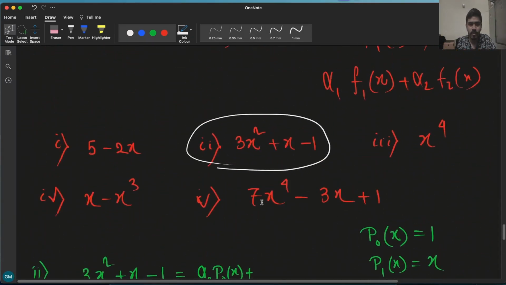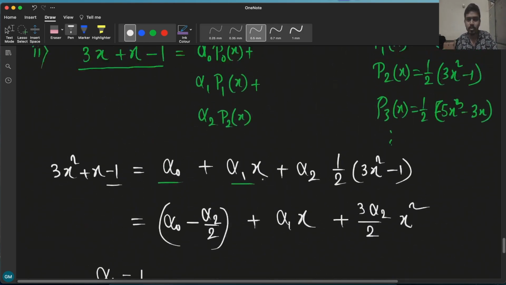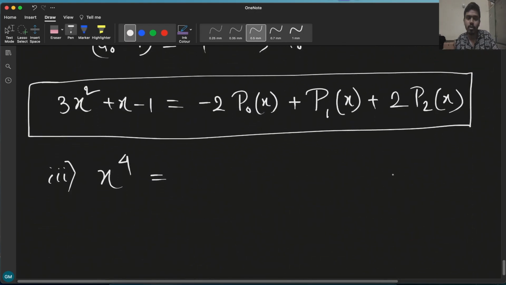Okay, so let me give a hint for problem 3 also. Problem 3 asks us to write x⁴ as a linear combination of these Legendre polynomials. In that case, x has a maximum power of 4, so that will be P4. If you have found the expression of P4, you will see that P4 has a maximum power of 4.